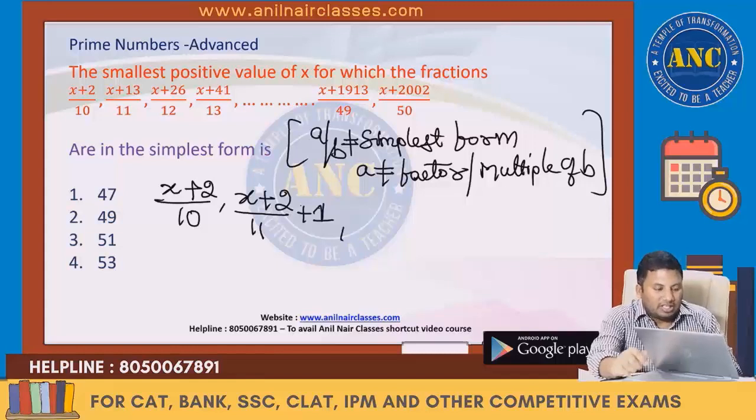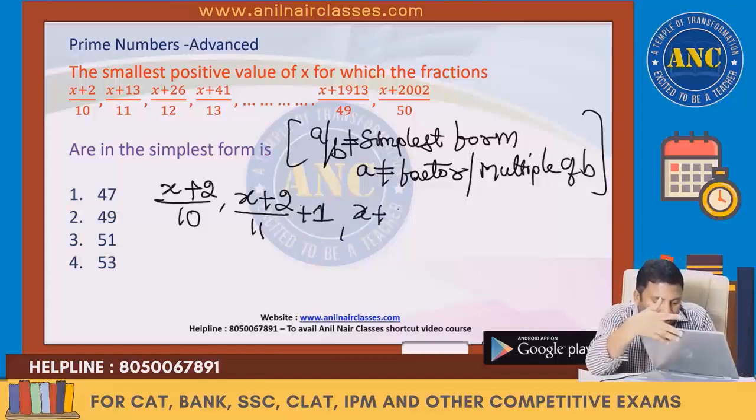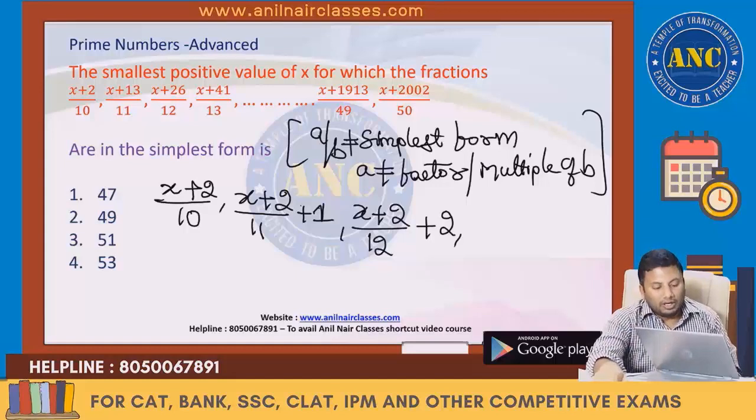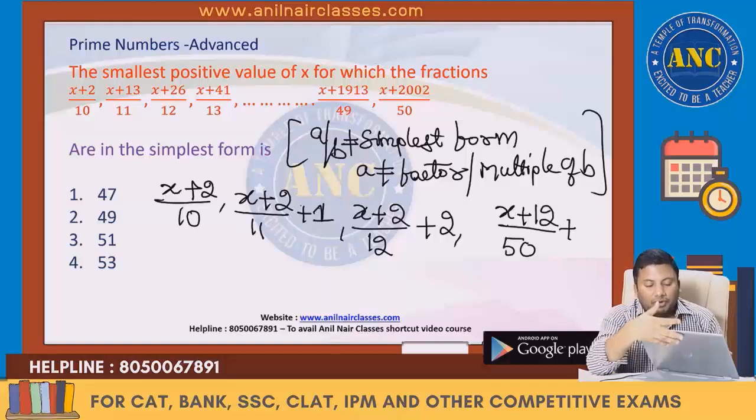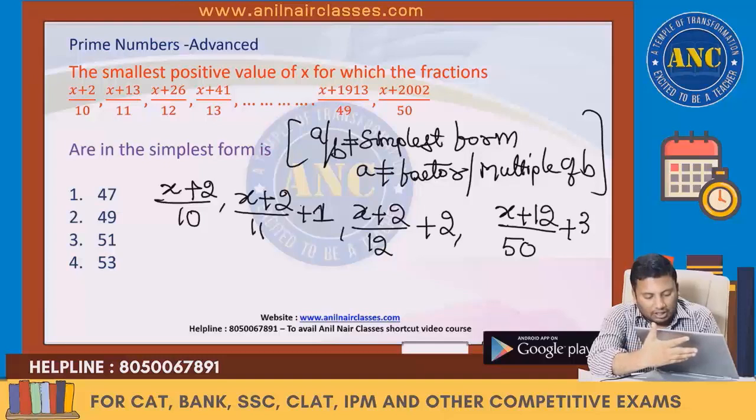11 plus 2 is 13. This can be written as x plus 2 by 12, plus 2. Similarly, x plus 2 divided by 50, plus 40.